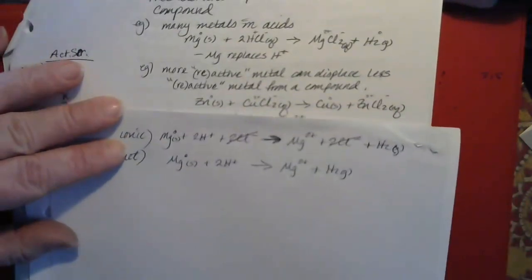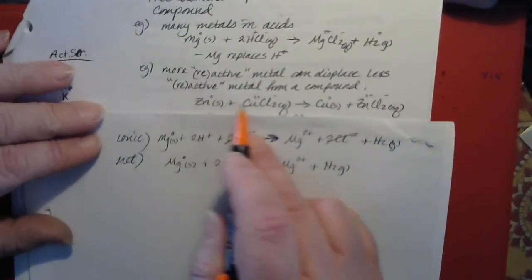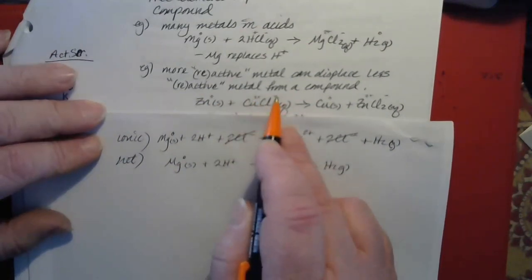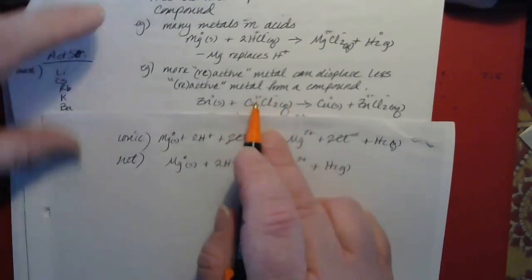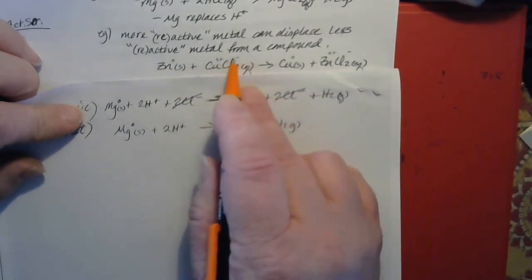In the case of this reaction down here, we have zinc as the free metal, so it starts out with a charge of 0. And we have CuCl2, which if you work it out means that the copper has an oxidation state of +2 going in, and chloride, as it always does when it's combined with a metal, has a charge of -1 each.